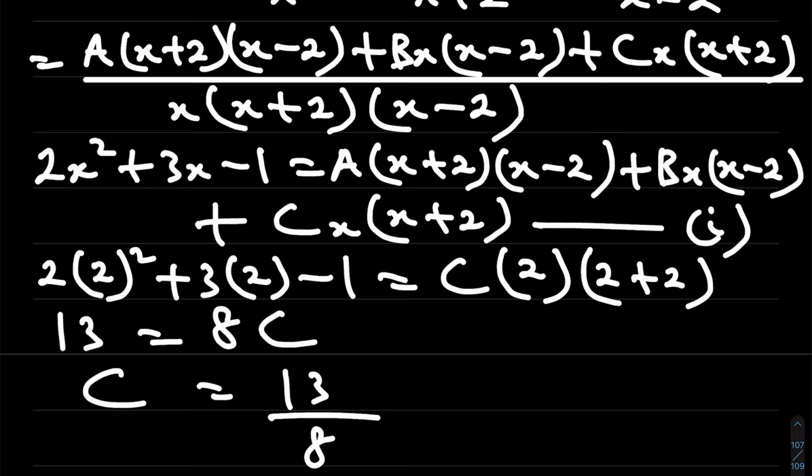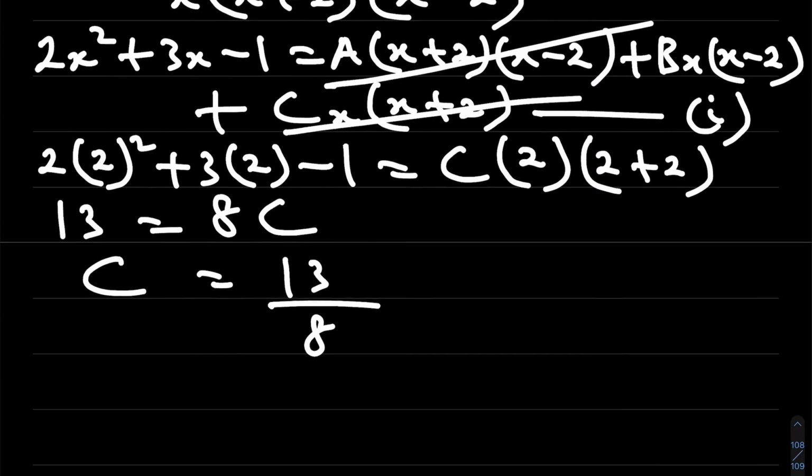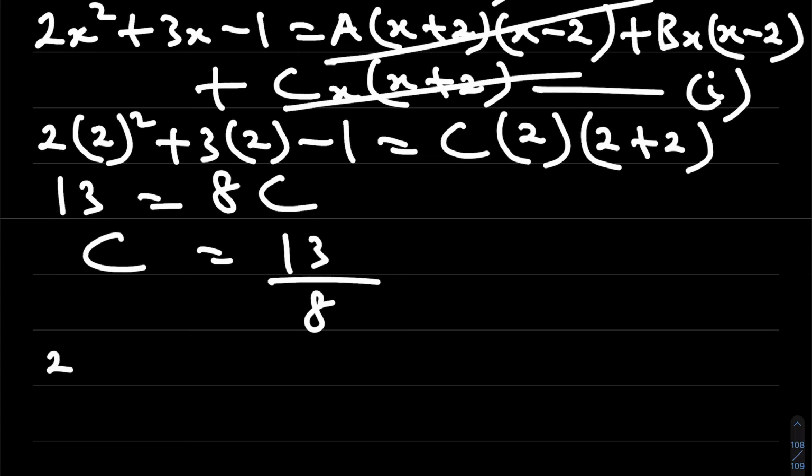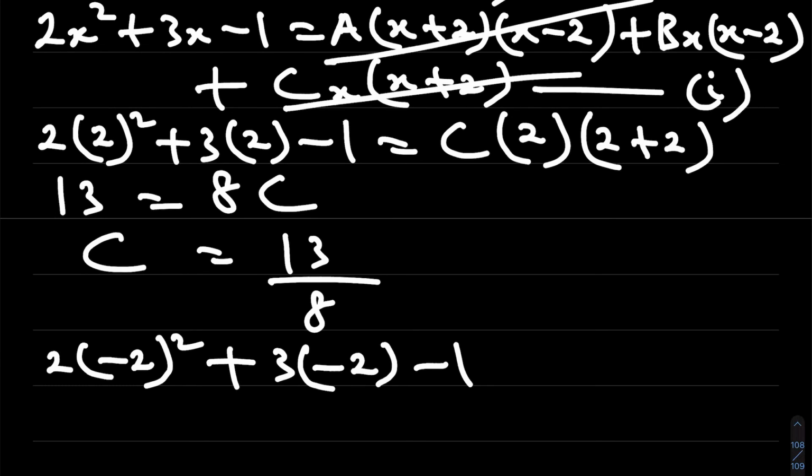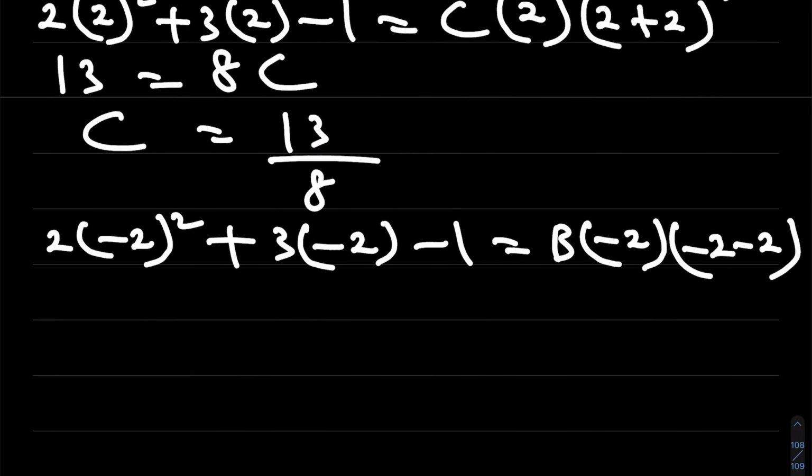Now if I put x equals minus 2 in equation 1, this will become 0 and this also becomes 0, and I'll be left with 2 into bracket minus 2 squared plus 3 times minus 2 minus 1 equals B times minus 2 times minus 2 minus 2.